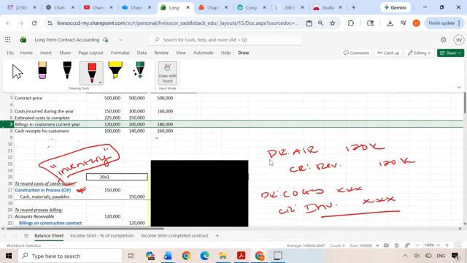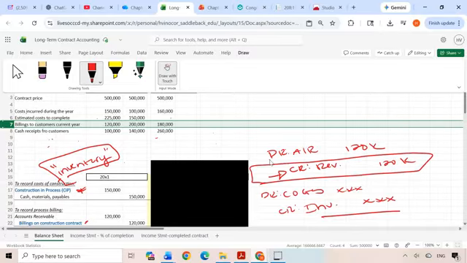So I'm going to credit what's called billings on construction contract. Also, I'm not recognizing revenue right now because this is a long-term contract, so we fall under different accounting rules, and the revenue is going to be recognized in a different manner. That part will be dealt with later.